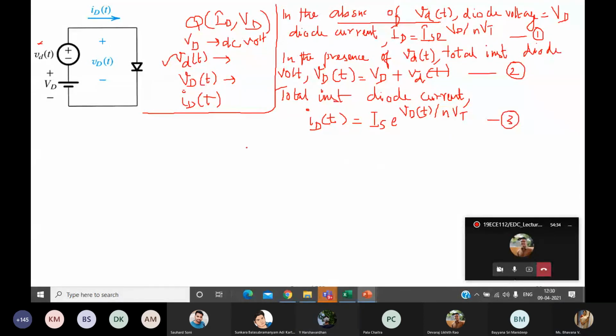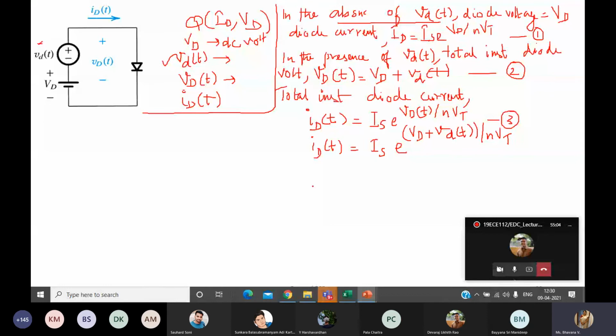Now substitute for vD of t. So I'll get iD of t is equal to IS e power, what is the instantaneous value of diode voltage? It is a combination of capital VD and small vd. So VD plus small vd of t by nVT.